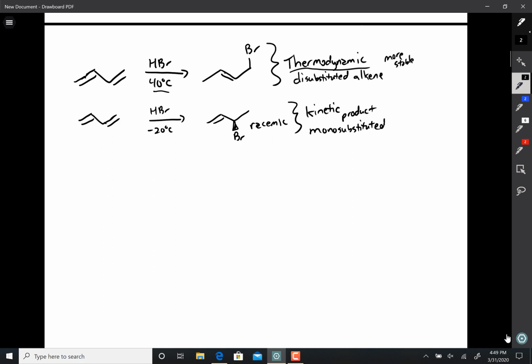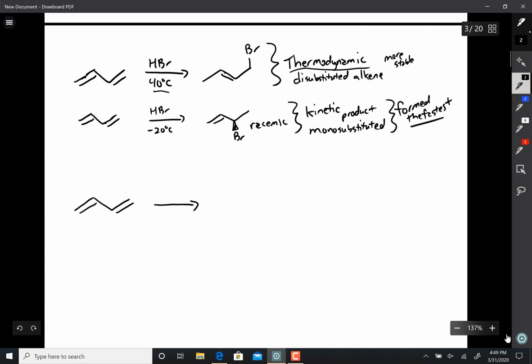Now, the kinetic product, that's the one that is formed the fastest. So when you treat it with HBr, you get this carbocation that's resonance stabilized.